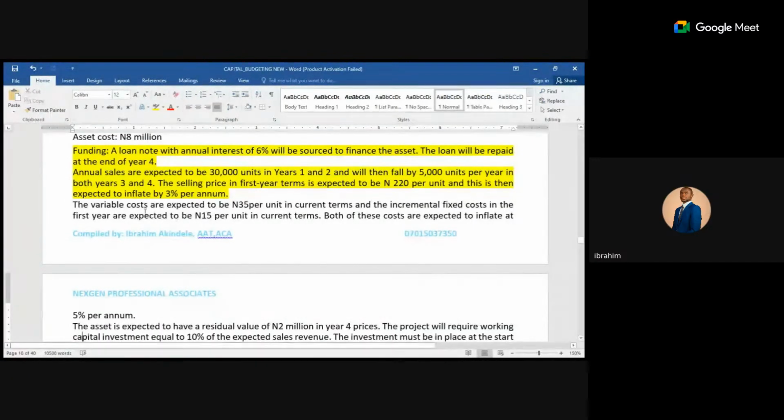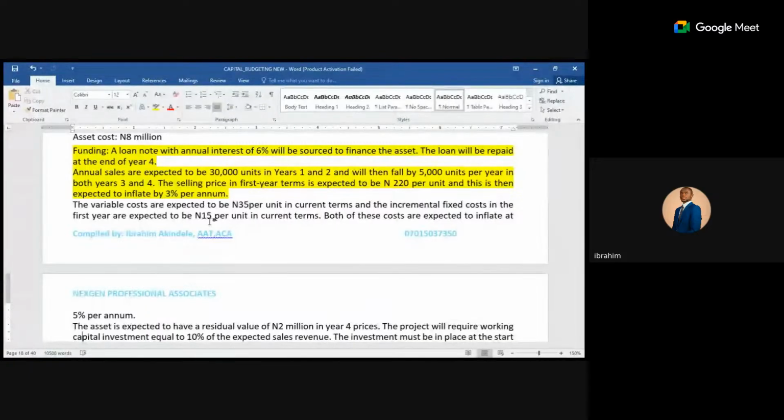In the first year, both of them are expected to be in their current terms. After the first year, in the second year, you have to start inflating it.